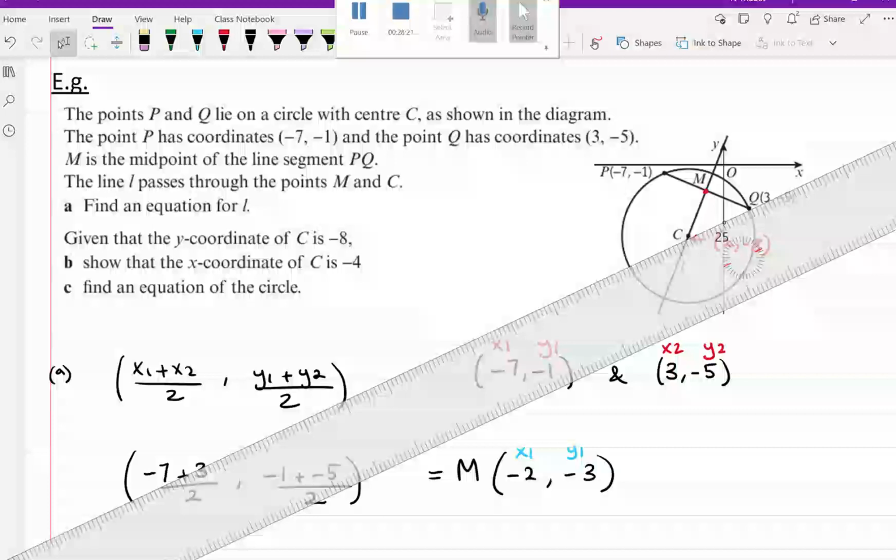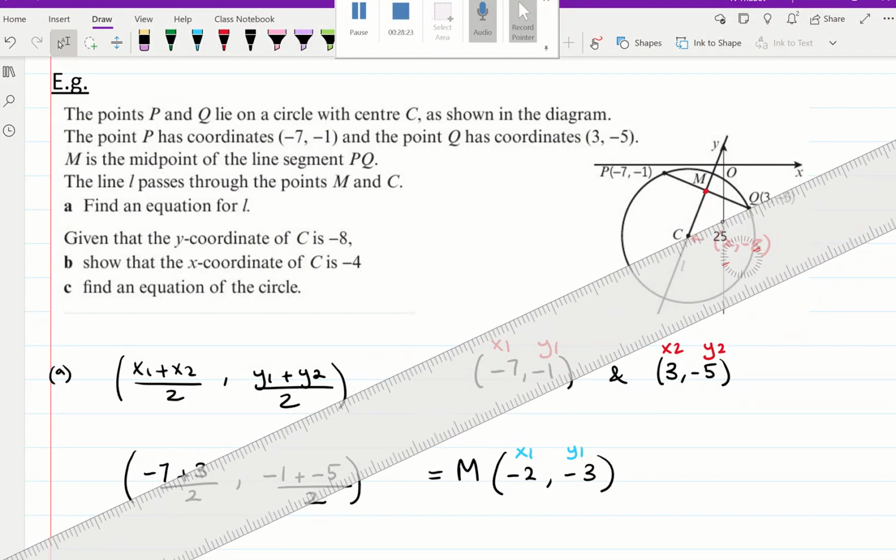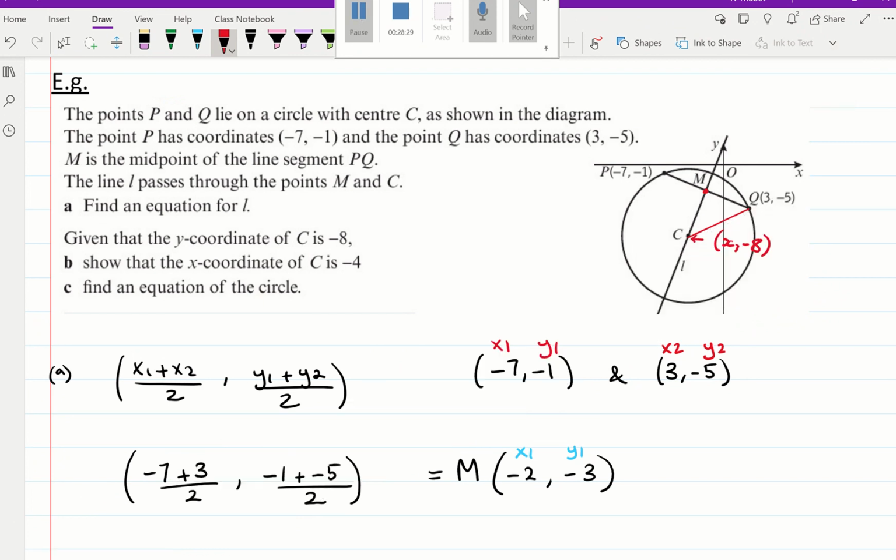This here, for example, from the center to the circumference, that's a radius. And if I have both coordinates, I can find the length of the line. And the length of the line will give me the radius. And I'm going to use this coordinate, not the one with the two negatives.